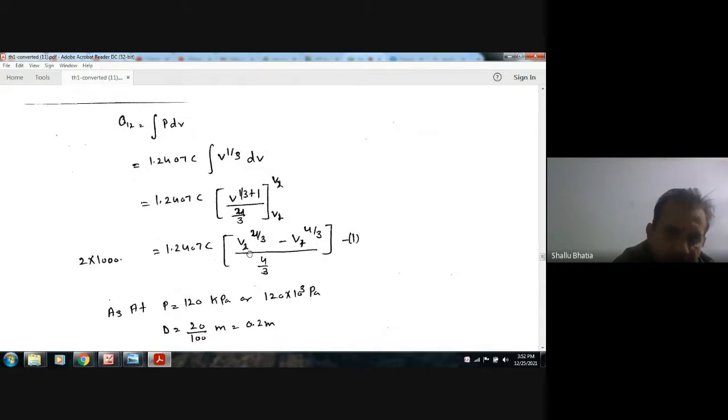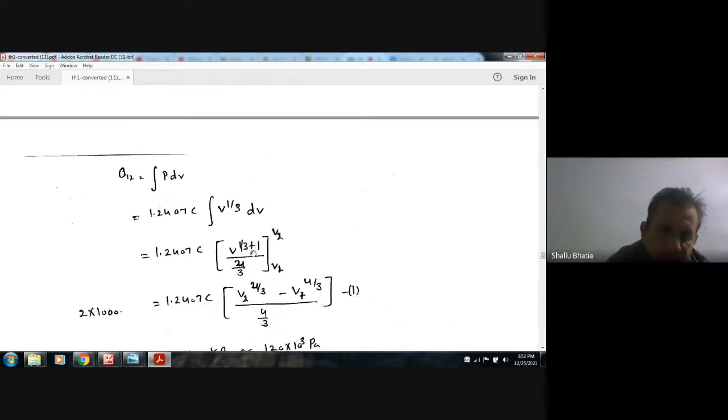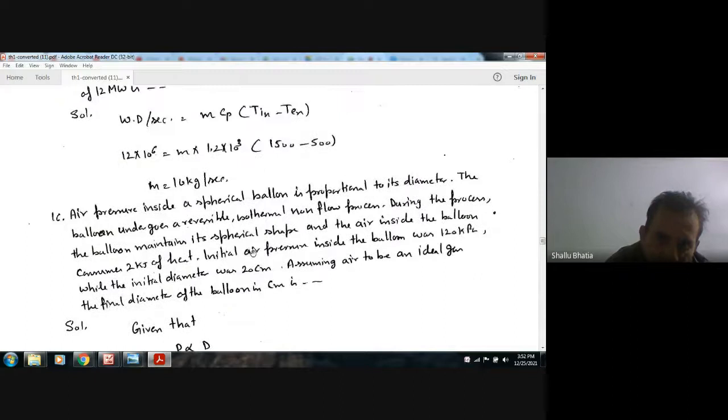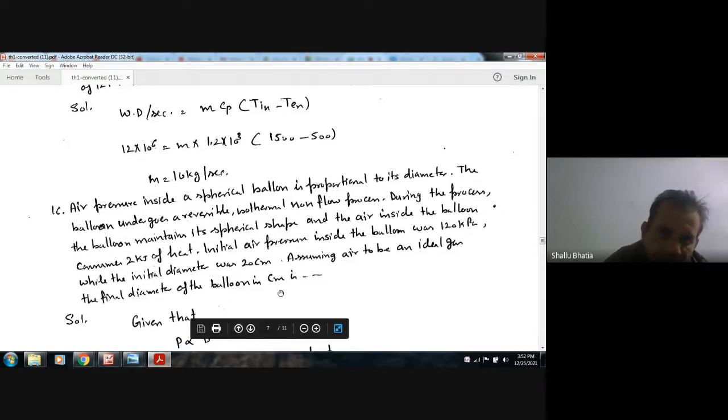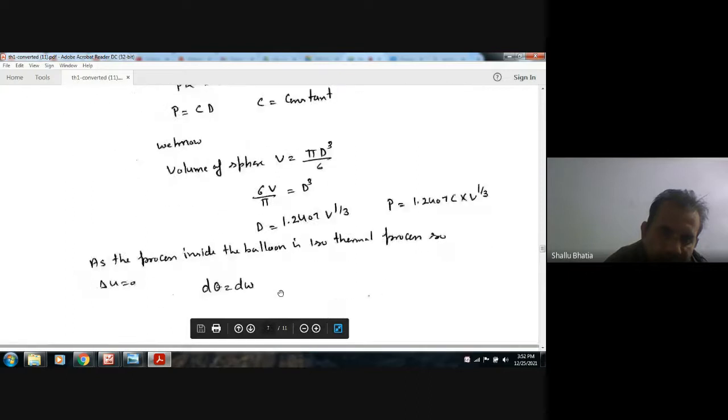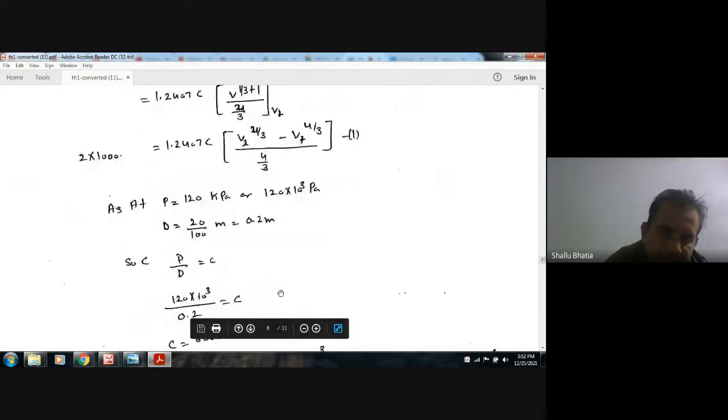Now the initial air pressure inside the balloon was 120 kPa and the initial diameter is 20 centimeters. We have to calculate the final diameter.